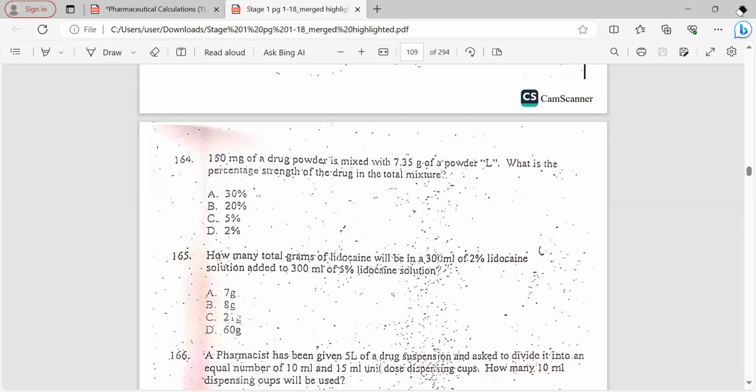So, wamechukua 150 milligrams wakamix na 7.35 milligrams. That's the way like the mixture.